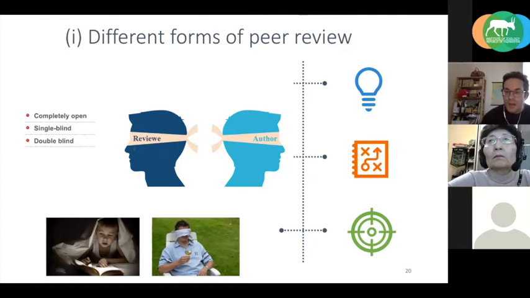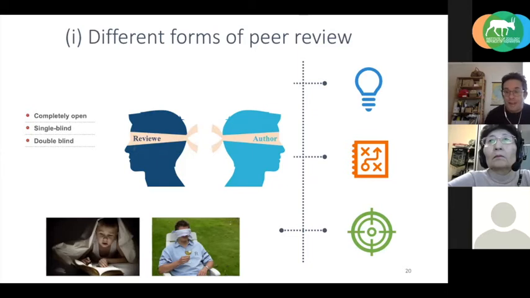So the paper goes into the journal, goes through the triage process, and gets selected by the editor as interesting enough to be sent out for peer review. Journals use different kinds of peer review. Peer review can either be completely open, single blind, or double blind, as it's called.